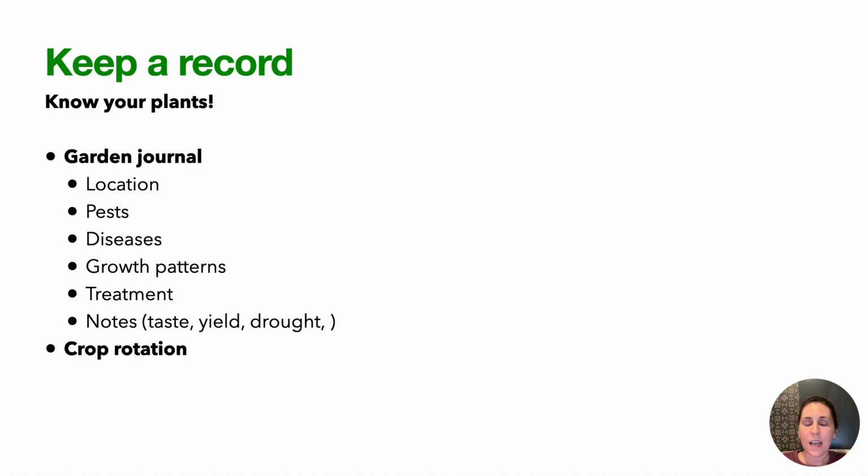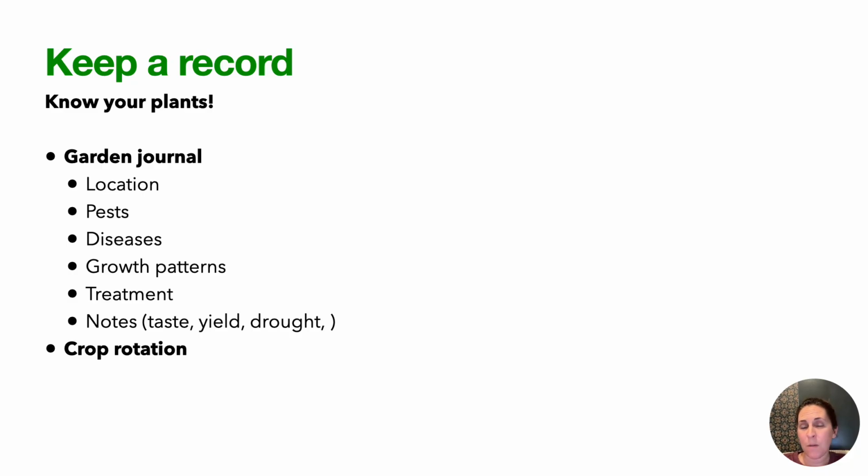Another thing with keeping a record is that it makes it easier to do things like crop rotation. And crop rotation is important for many of our vegetable plants because planting one type of plant in one location year in and year out invites things like pathogens and pests to settle in and impact each subsequent year of crop. And so you don't want to plant tomatoes in the same spot every year, just like you don't want to plant brassica plants like cabbage or broccoli in the same spot every year, because each year that you do, you invite more pests to come visit those plants.